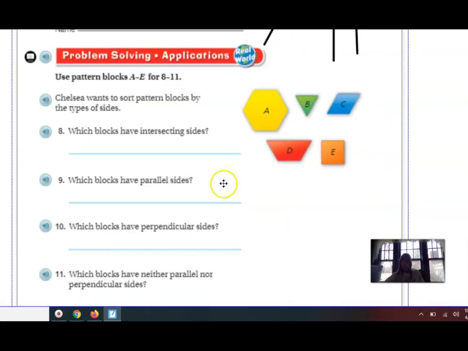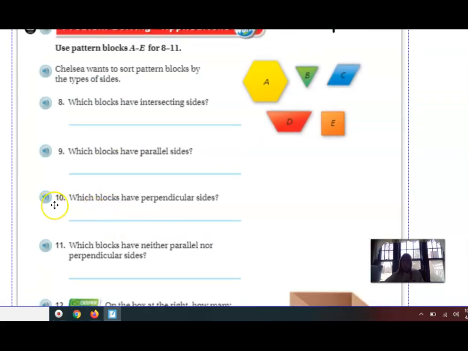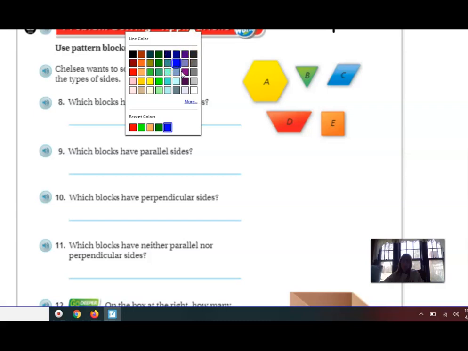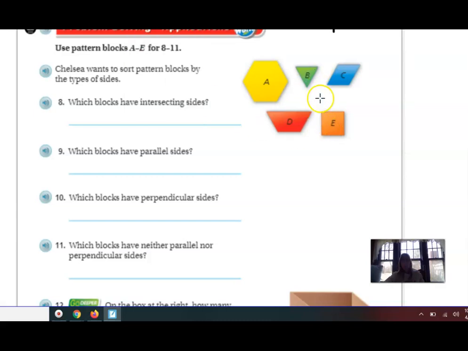So this one, the next one says, which blocks have perpendicular? So now we're looking at perpendicular. So we're looking for something that has a 90-degree angle. Okay, so I'm going to give you a second. Figure out which one has a 90-degree angle. Hopefully you see it.